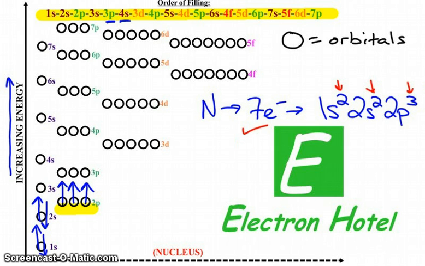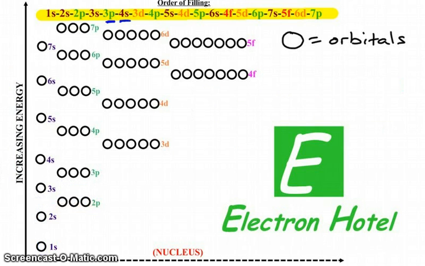So, do we want a little shortcut, something a little simpler to do this? Well, let's check that out here. In order to make this a little simpler for us, we need to really understand a couple things on this diagram. First off, again, that the circles represent orbitals.